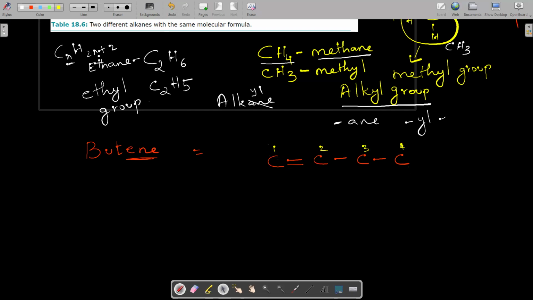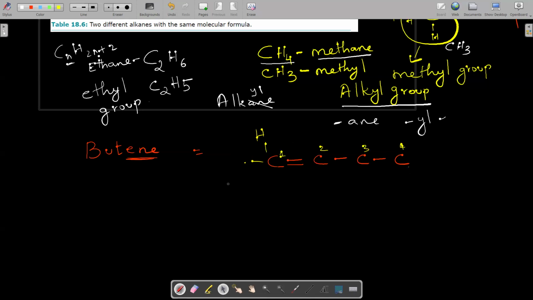So here is our butene. 1, 2, 3, hydrogen, hydrogen. And this is a double bond here. I have to remove this because it's a double bond here. I don't want you all to get confused, so let me write this neatly. So this is number 1.